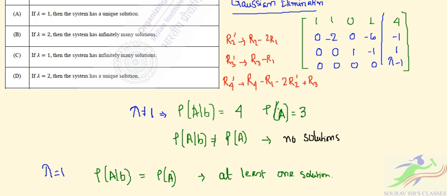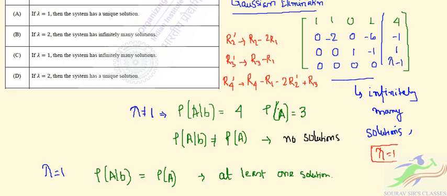In that case there will be infinitely many solutions. So for this question, the correct option is C: if lambda is equal to 1, then the system has infinitely many solutions.